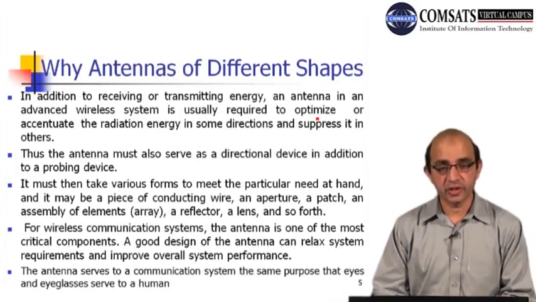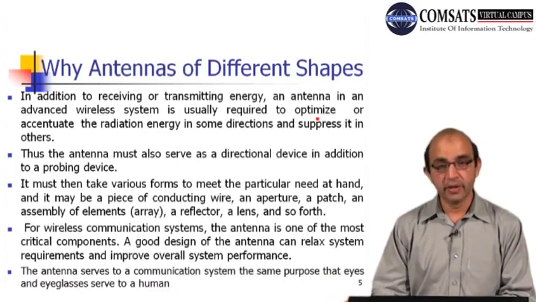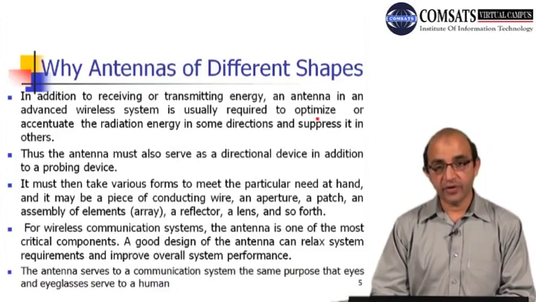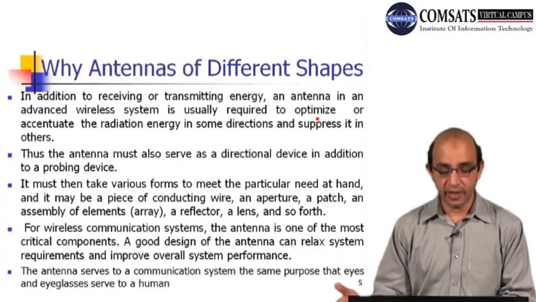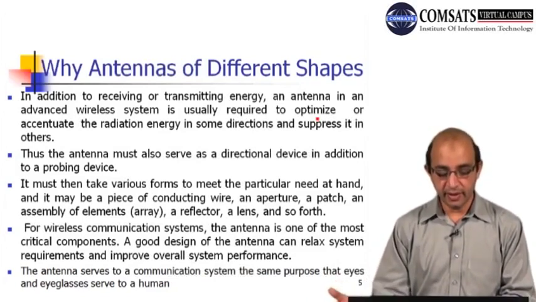So there are different requirements in order to construct an antenna. We need a conducting wire, an aperture, a patch, and an assembly of elements. These are called arrays. We also need a reflector, a lens, and a number of other elements in order to construct an antenna.